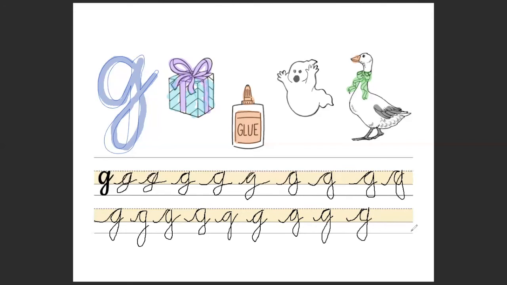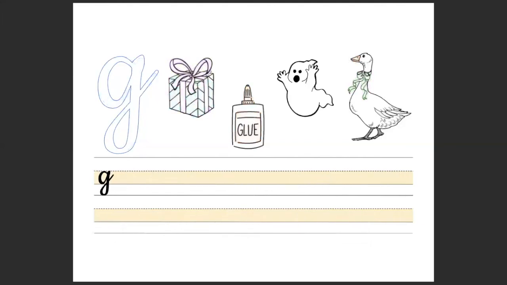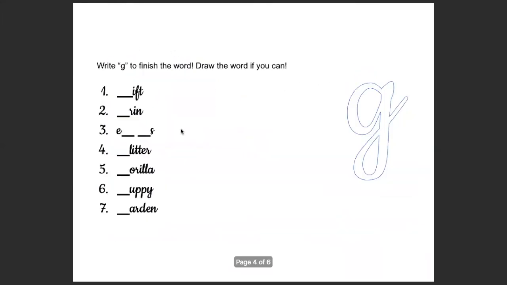Did you finish writing your G, G? Now we're gonna move on to the next page where we're going to add the G, G sound to finish each word. Let's see, the first thing that I'm going to do is I'm going to trace my G, G on the side so I can practice writing.